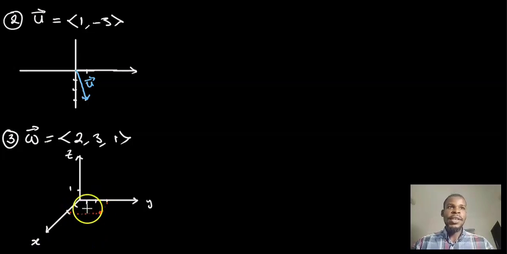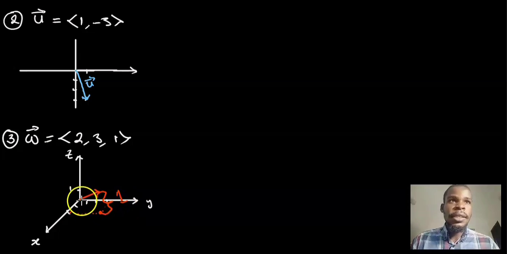That is to say, the vector is 1 unit above the xy plane. So it is not on the xy plane, but rather 1 unit above it. So I'm not going to trace it to this point on the xy plane, but rather I'm going to trace it to a height which is 1 unit above the xy plane. So this is how the vector should be, where this right here is 1, from this 0 to 1 right here.